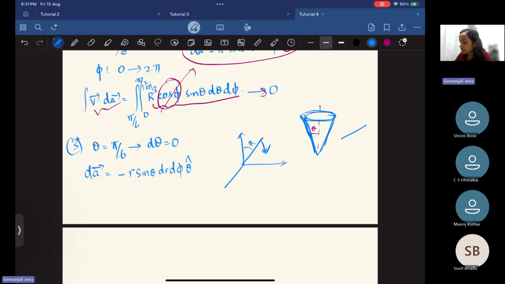But for this surface, theta cap will be in this direction. That is why I have taken minus theta cap for this case. And theta is already pi by 6, so if you put it, it will come r by 2 dr d phi theta cap.